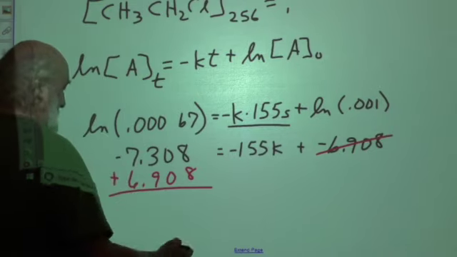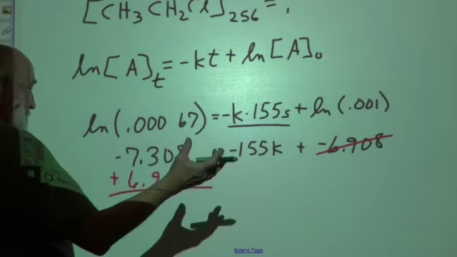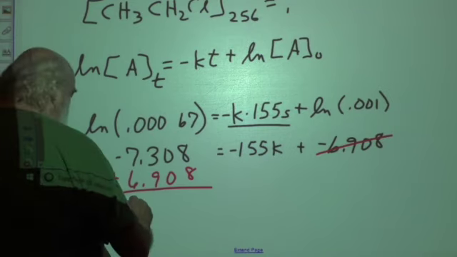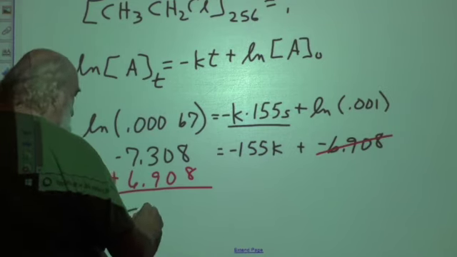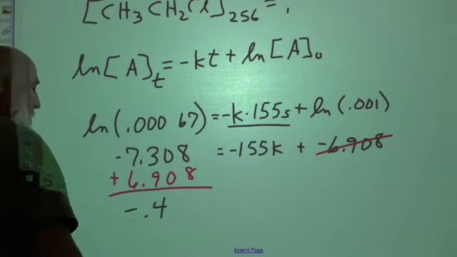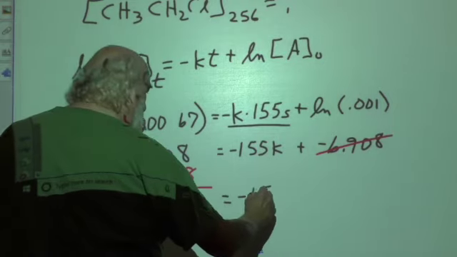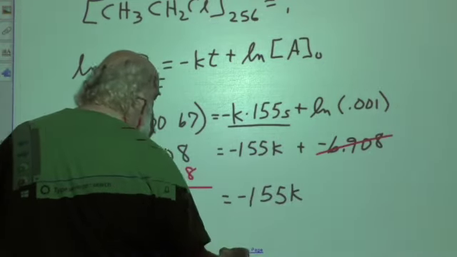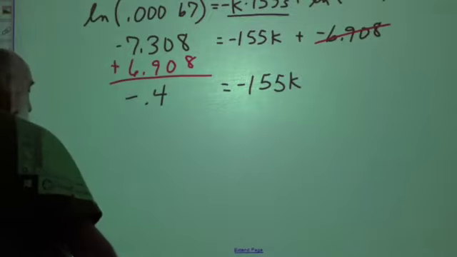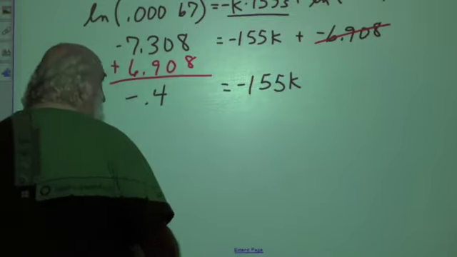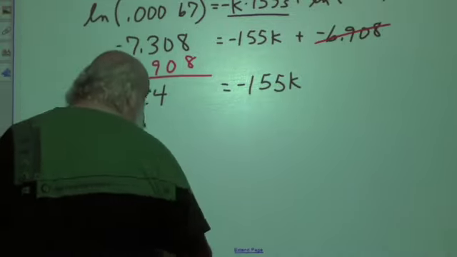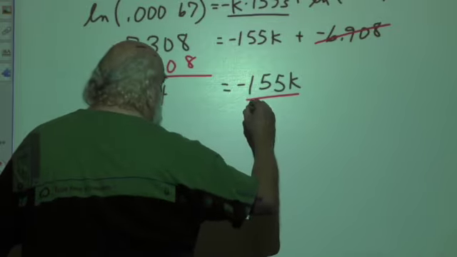Instead of getting rid of 3 digits, this is a negative 0.4 equals negative 155K. So we divide both sides by the negative 155, and we get K by itself.